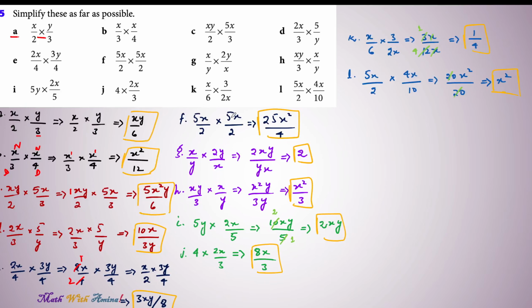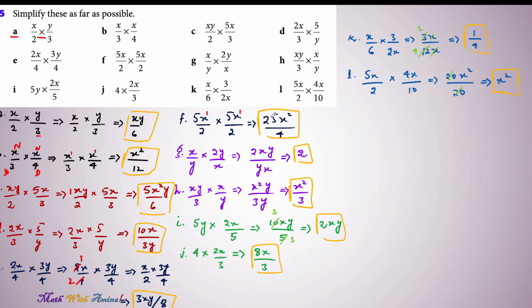So 5x multiplied by 5x: 5 multiplied by 5 is equal to 25. x multiplied by x, since the power of each x is 1, their powers will be added when multiplication takes place between two same variables, so we will get x squared. So 25x squared is in the numerator, and 2 multiplied by 2 is equal to 4, so 4 will be in the denominator.